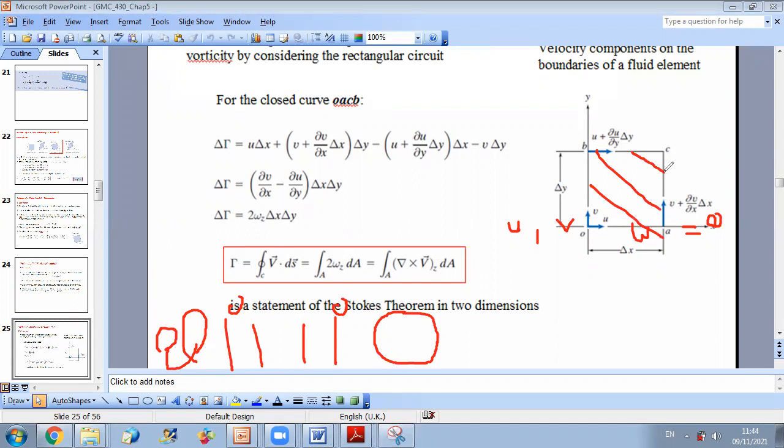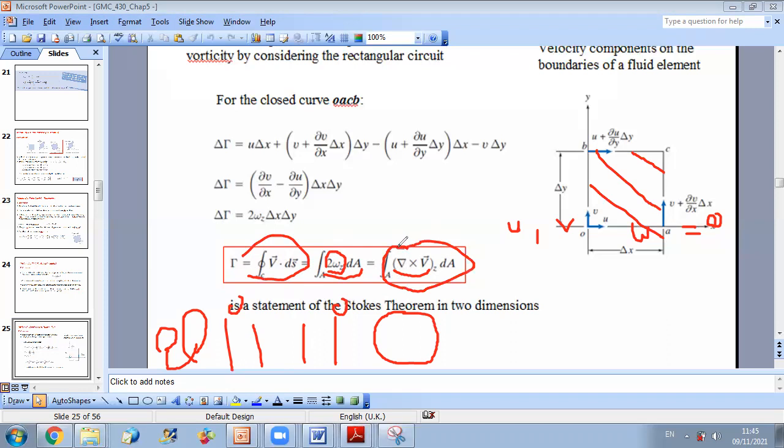So we can extrapolate this result to say that for a 2D closed curve, the circulation is the integral over the curve of V dot ds, equal to the integral over the area of 2 omega Z dA. And we know that 2 omega Z is equal to the curl of V along Z. So this is the first way to calculate the circulation, and this is another way to calculate it.